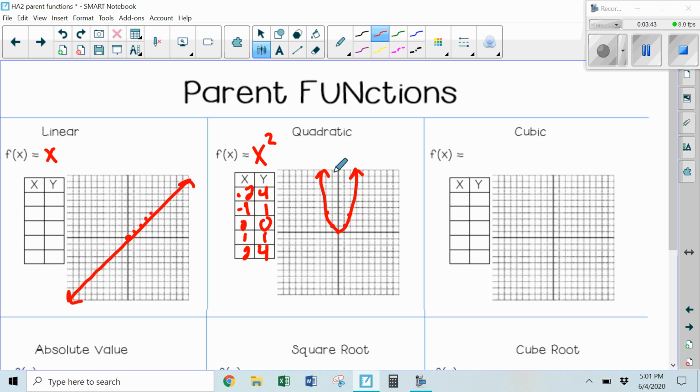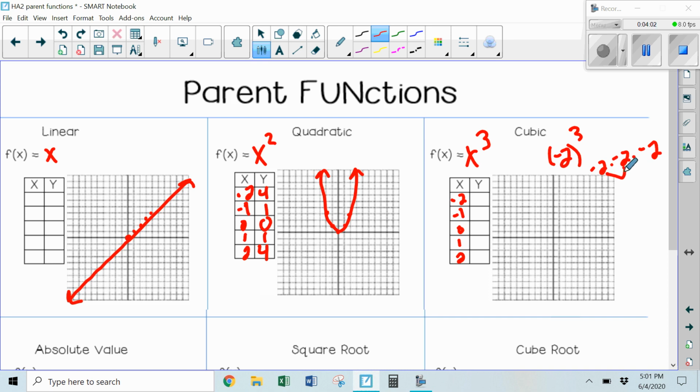Cubic function is going to be x cubed. So you might not know what that looks like. Remember, no calculator. Let's go ahead and make our table. Let's start with -2. What's -2 cubed, which is going to be -2 times -2 times -2.